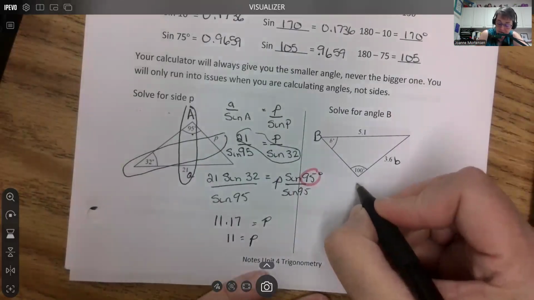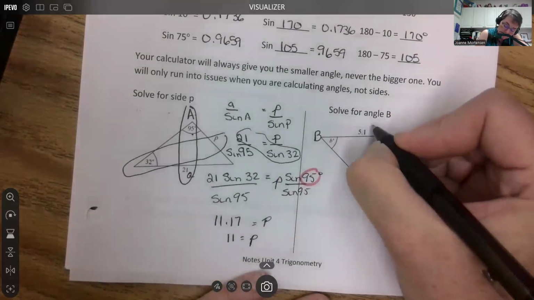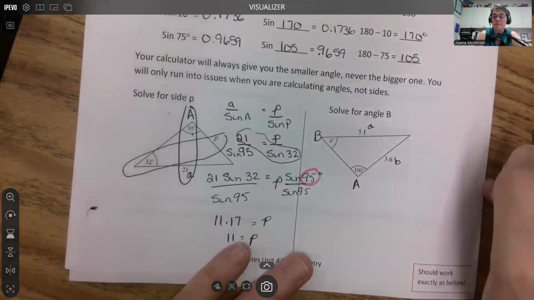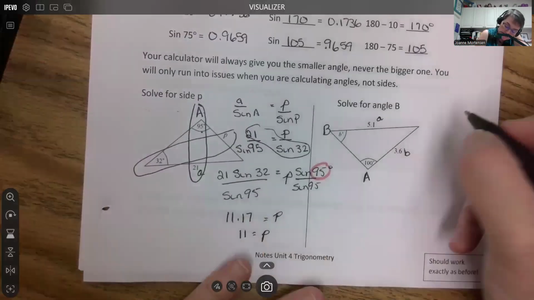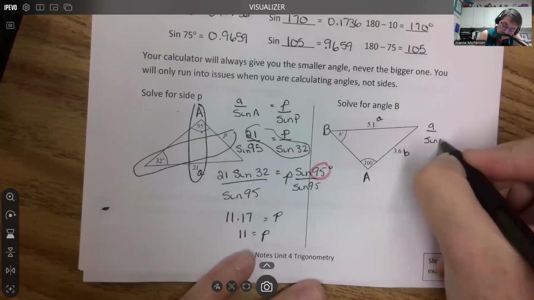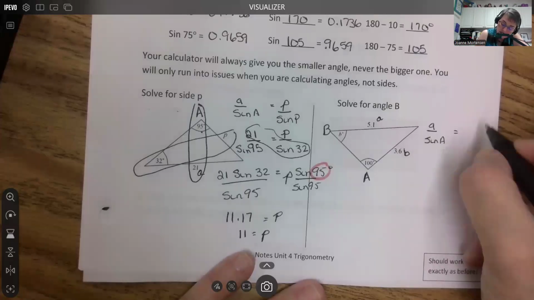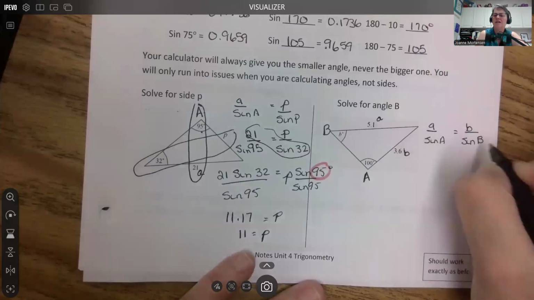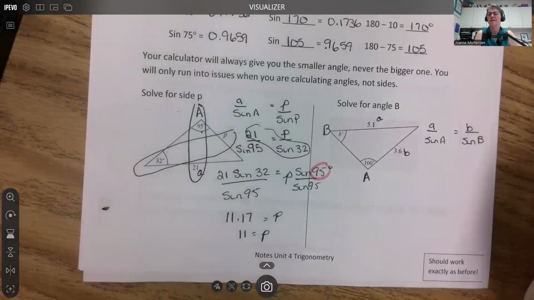I'll make it A. Makes it a little a, is equal to b over sine B. Do you guys watch me at fast forward? You probably could get away with that.